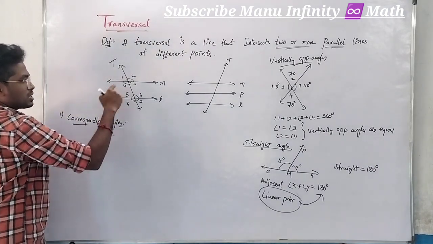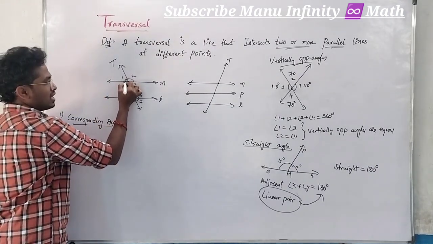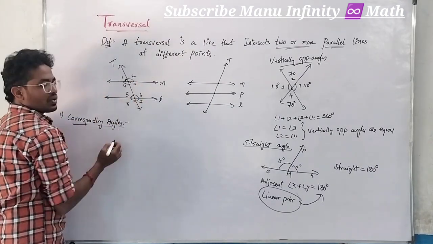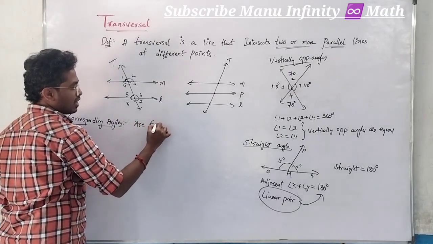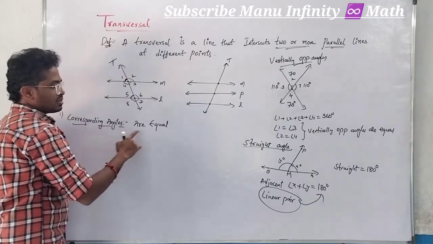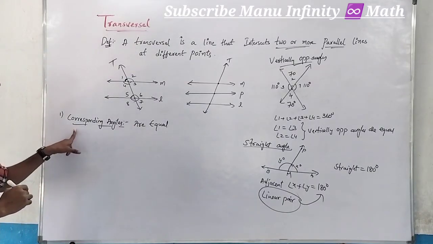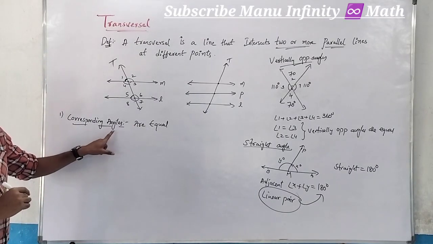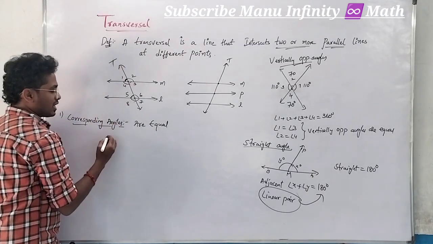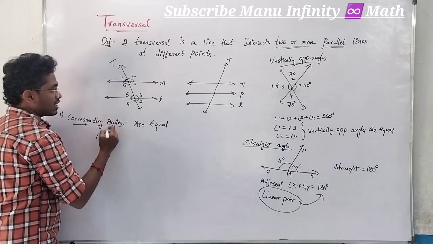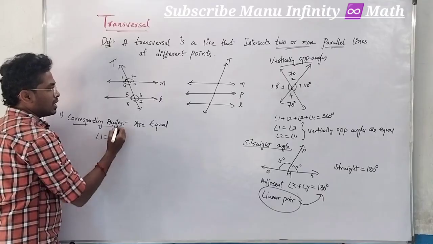Like that, if I measure this angle 1, this is equal to angle 5. So corresponding angles are equal. So the first point you have to know is corresponding angles. So what are the corresponding angles here? Angle 1's corresponding angle is angle 5.